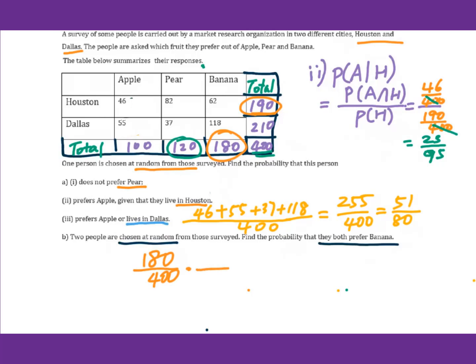The second person, you will get 179 over 399. Because this is a dependent event, remember your denominator minus 1. So we put into calculator. 537 over 2660. That's the probability.